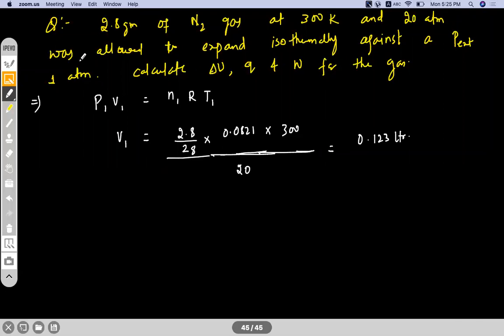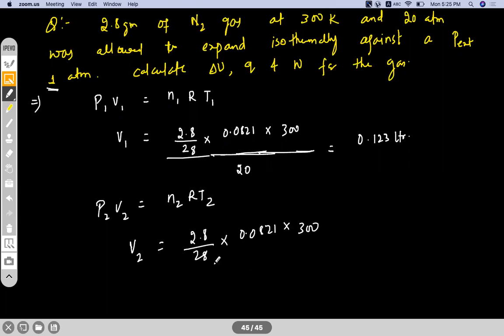Now, when the expansion is there against this pressure, again we can write P2 V2 is equals to n2 R T2. nRT is same, it is not changing. So final volume would be 2.8 divided by 28 into 0.0821 into 300, and this whole thing is divided by, sorry, 1 atmospheric.